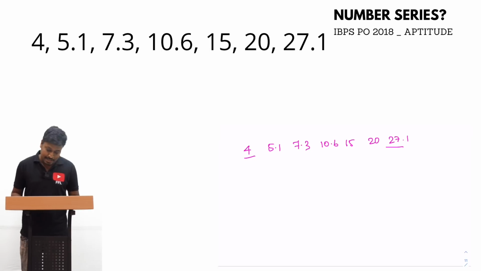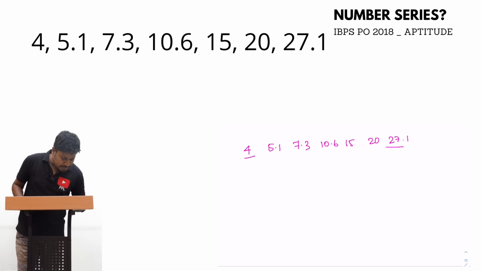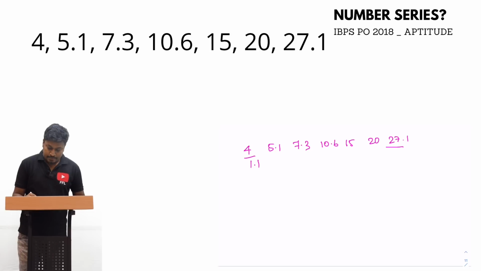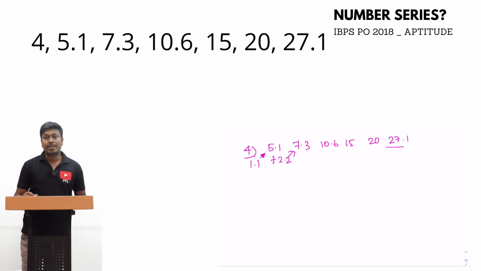So let me check, right? 4 and 5.1. Let me add 1.1, right? From 4, if you add 1.1, it will be 5.1. From 5.1, if you add 2.2, it becomes 7.3. Yes, I found the logic, right? 1.1, 2.2, 3.3, 4.4, 5.5, it goes on.